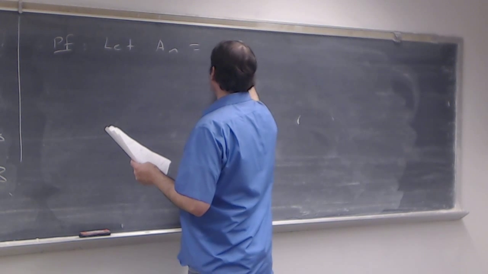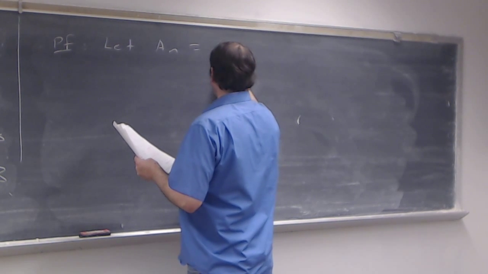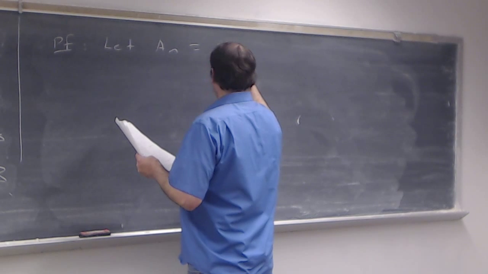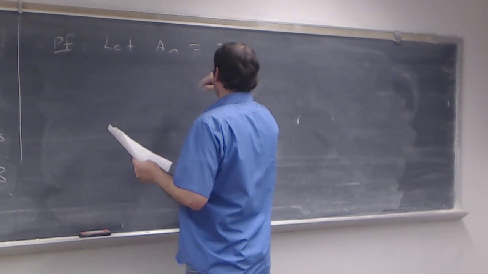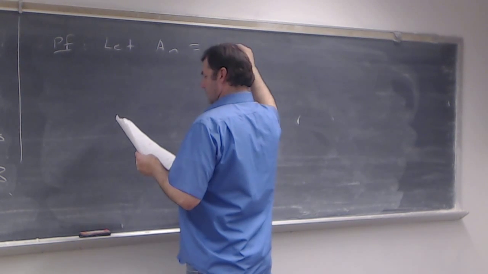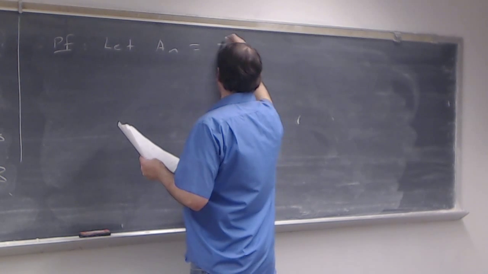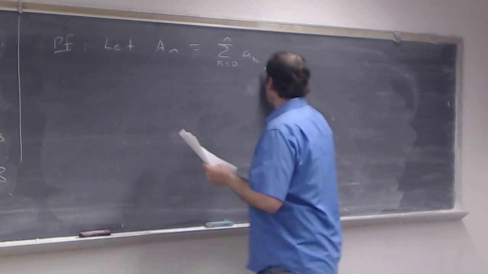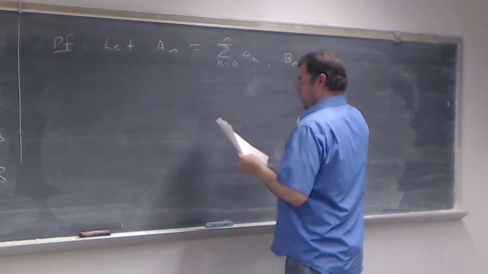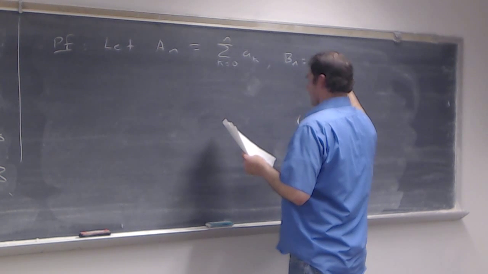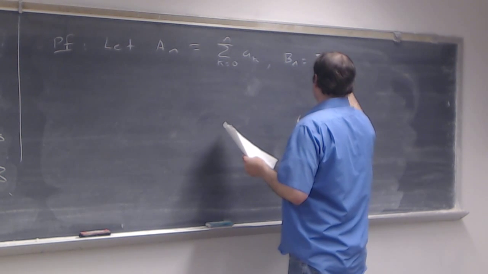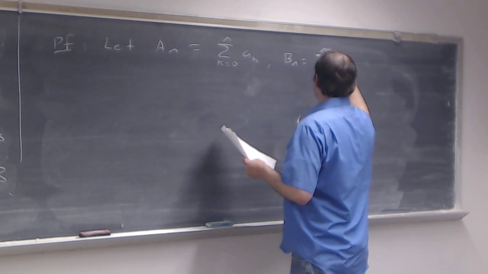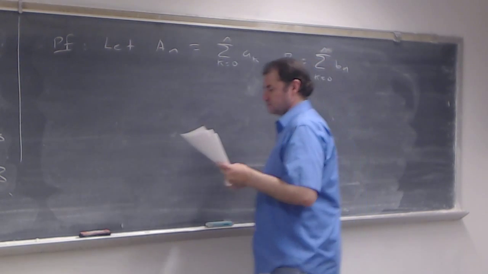We let a sub n equal the nth term of the sequence of partial sums for the series of the little a sub k. Let B sub n equal the nth term in the partial sum for the series of the little b sub n's.